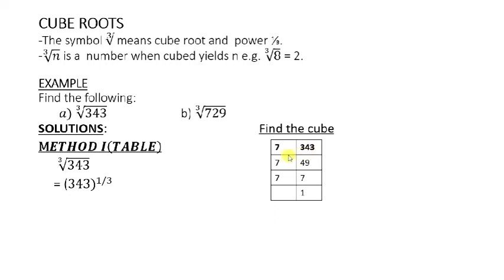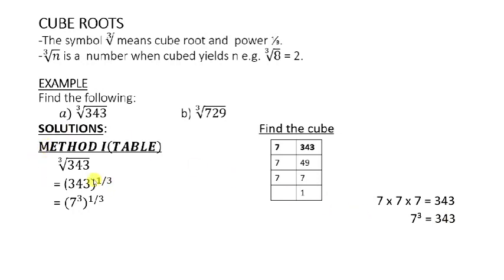So we'll start by dividing 7 into 343, giving us 49. 7 into 49 is giving us 7. 7 into 7 is giving us what? 1. So if we multiply 7 times 7 times 7, you get 343. 7 to the power 3 is 343.